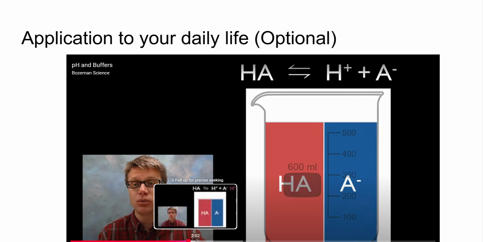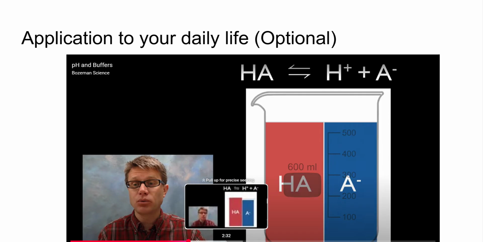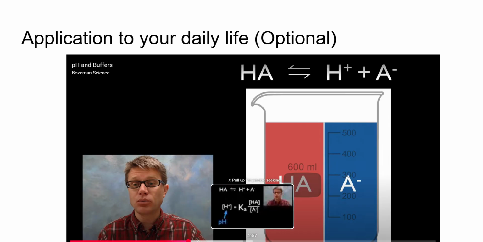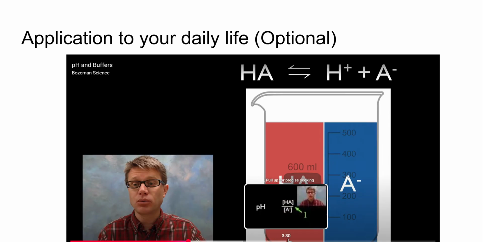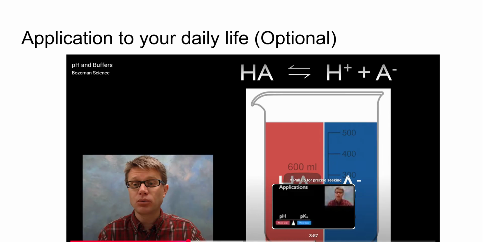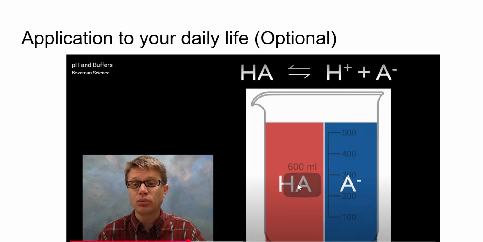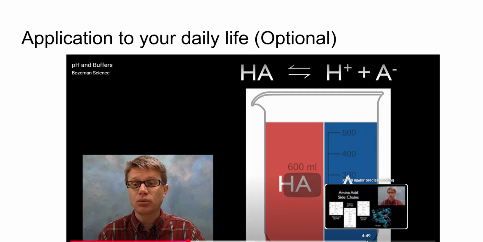It's only about 30 seconds that he tackles it, but he does a good job. If you want to better understand the Ka, he really breaks this down in a way that I think is good. Not only does he apply it to our life, he goes into details that help people perform better on the assignment, and it lays the foundation for you to be more successful in the quiz.